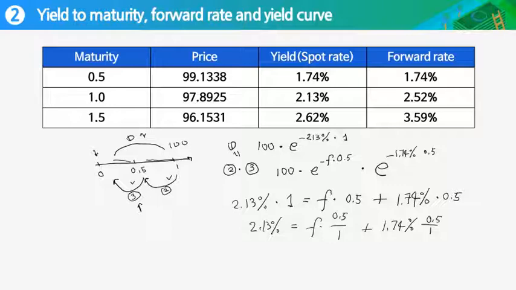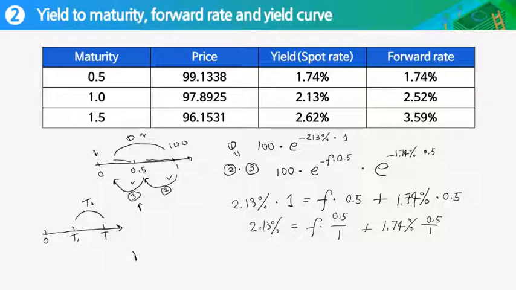To make it more general, let's say there is a timeline. This is 0, and this is T1, and this is T. So the distance is T2.